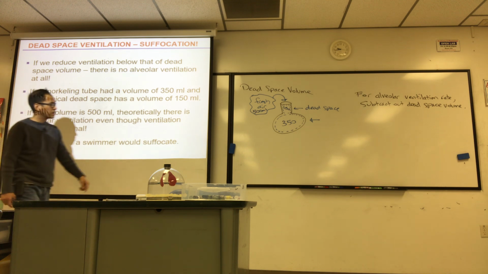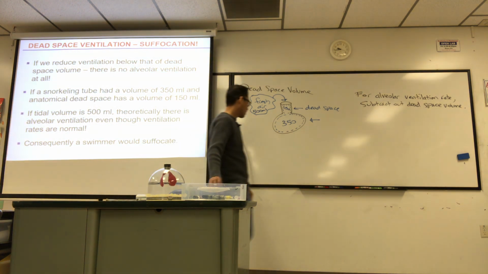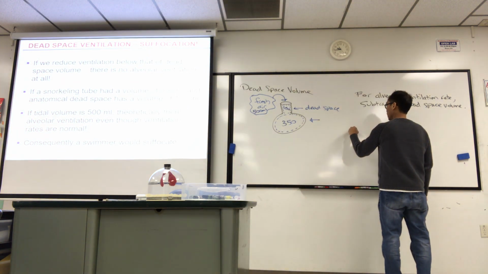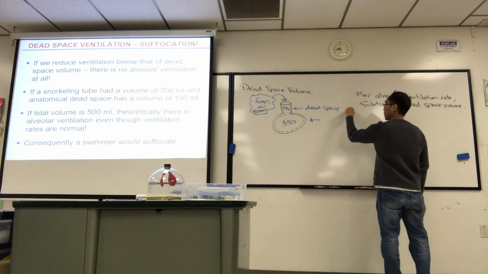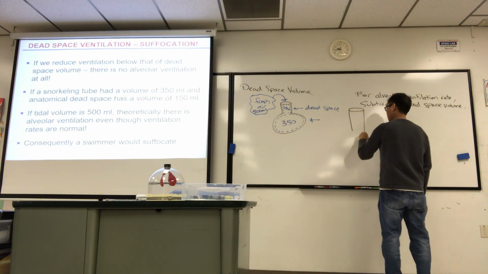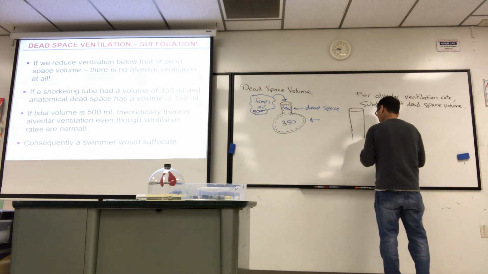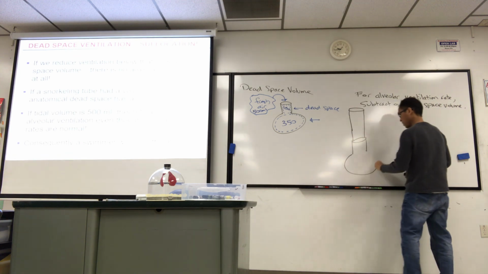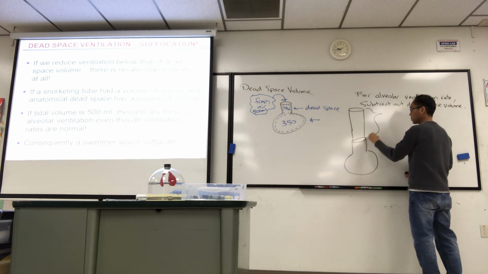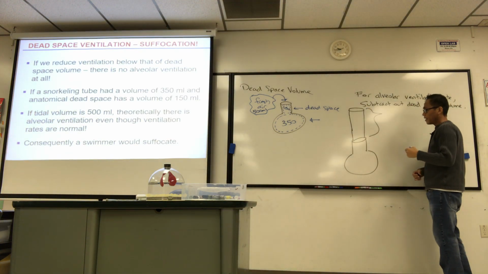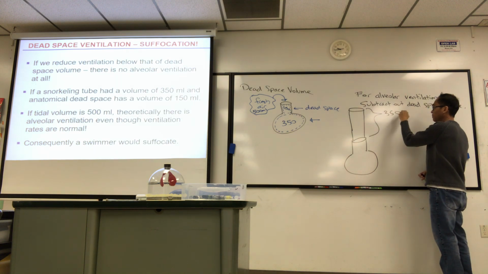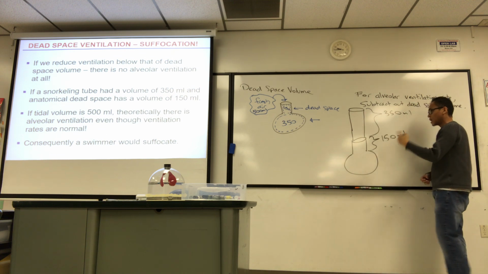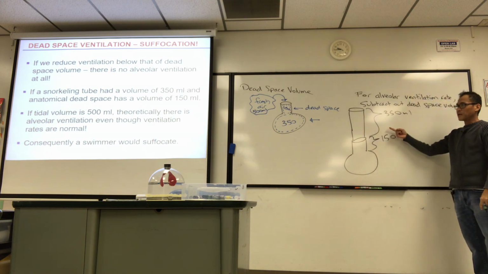So basically, look at it this way. Pretend that's the snorkel that adds an additional 350 on top of your 150 that was already your anatomical dead space. The snorkel is not part of your anatomy, right?